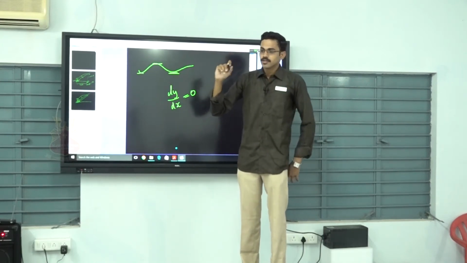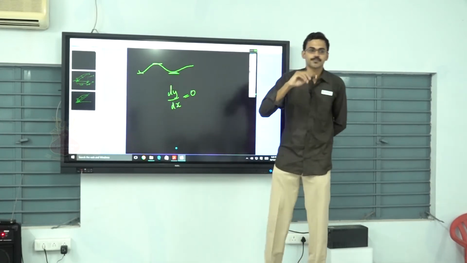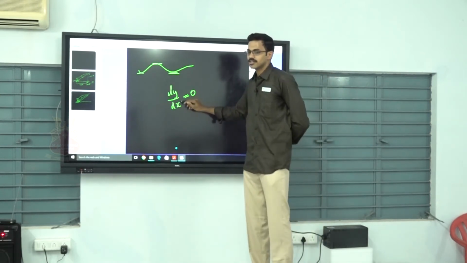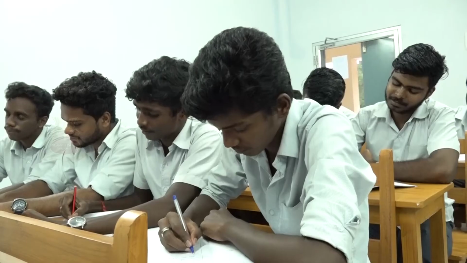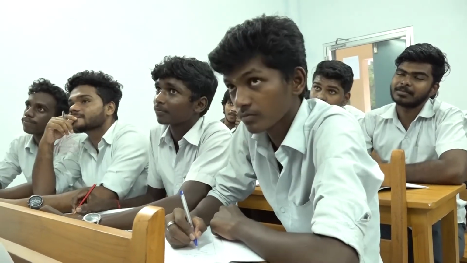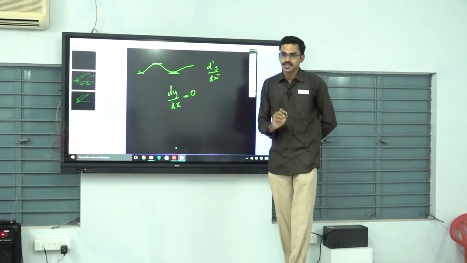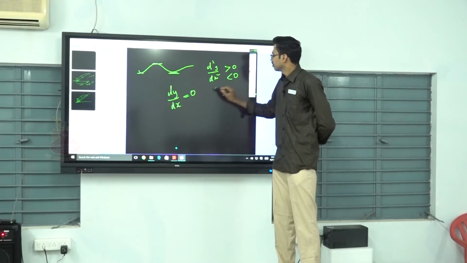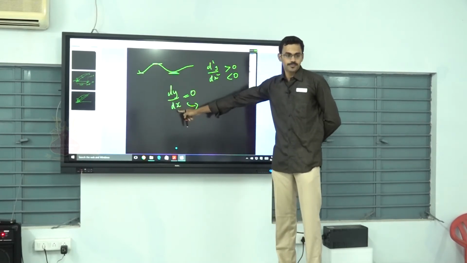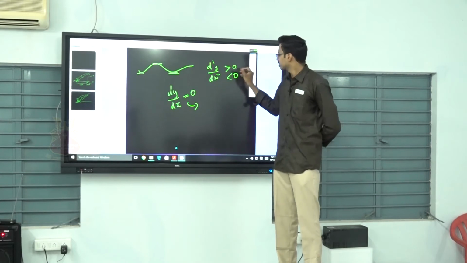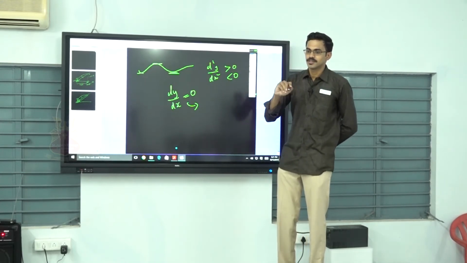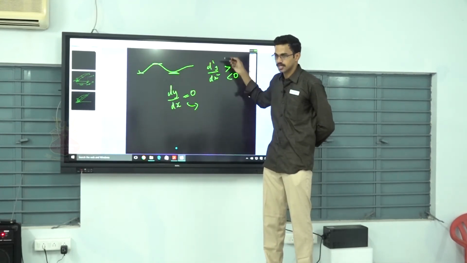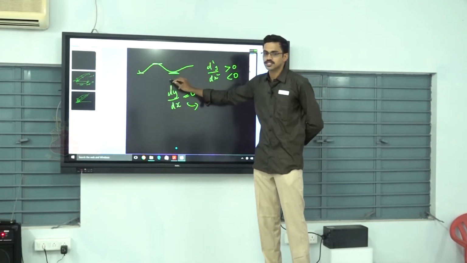Then how can you derive further? Then we turn to the second derivative, which is d square y by dx square, and check whether it is positive or negative for the corresponding points. If it is negative, then the function is maximum. If it is greater than 0, it is positive, then the function is minimum.